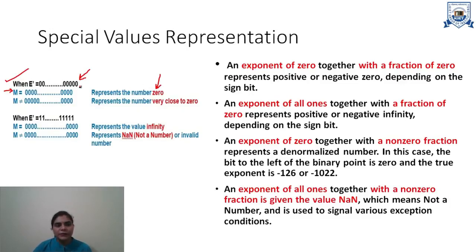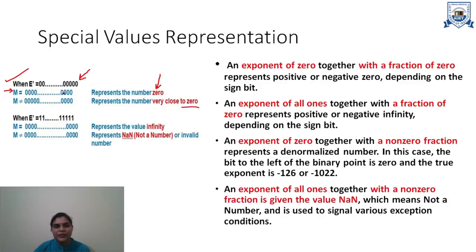When the exponent is all zeros but the mantissa part is non-zero, then it represents a number very close to 0, because the biased exponent is all 0. It means the true exponent is minus 127, which when added to plus 127 gives a biased exponent of 0. So 2 to the power minus 127 will be a very small number, very close to 0.